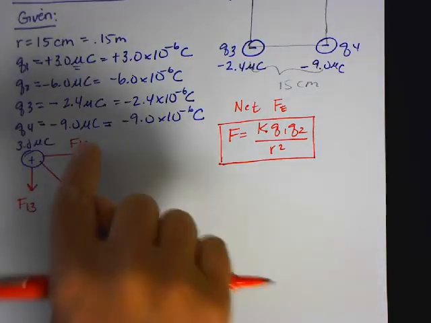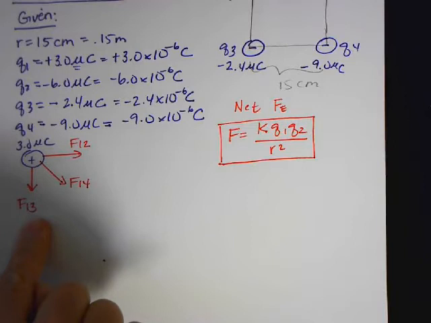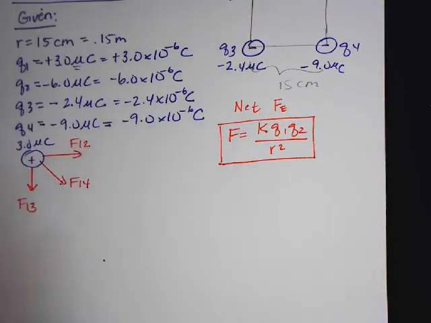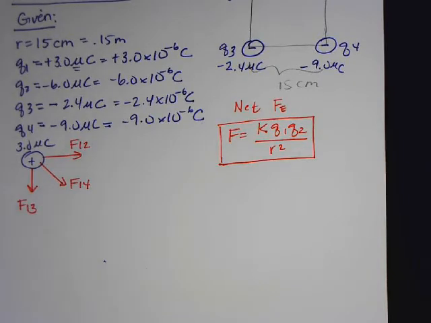After I find this, this, and this, I'm then going to find the horizontal and vertical components of each, and I'm going to add up all my Fx's, all my Fy's, then find my final force, and then find the angle. So we did this before when we did forces earlier in the year. It's just a lot of steps.